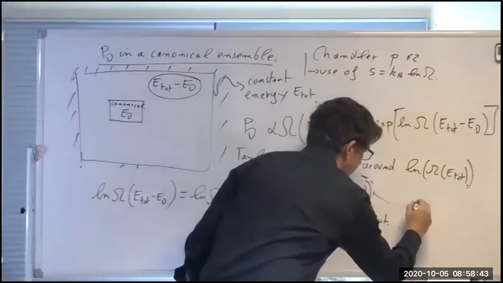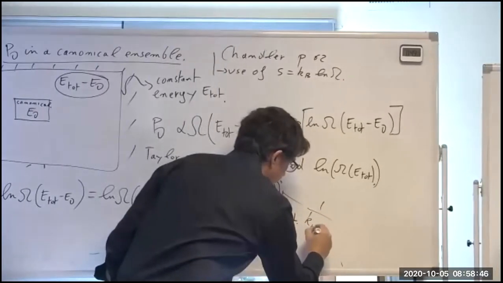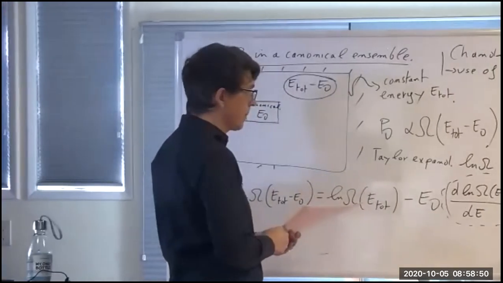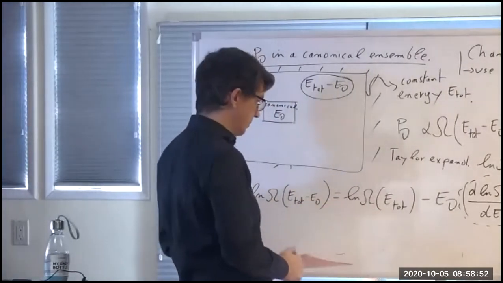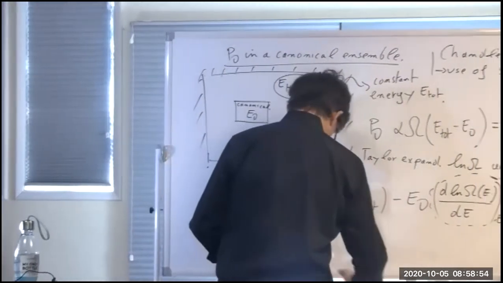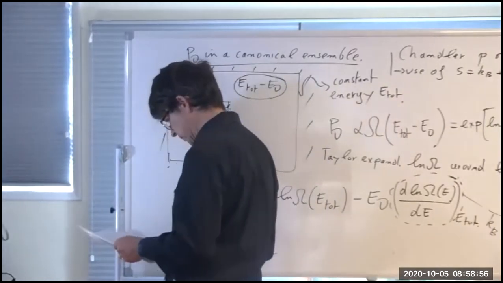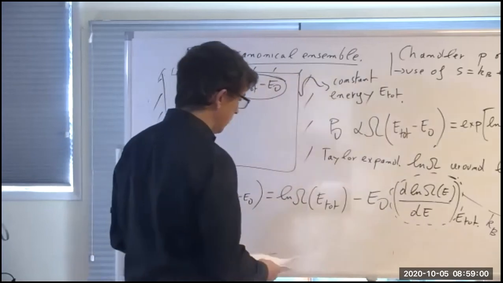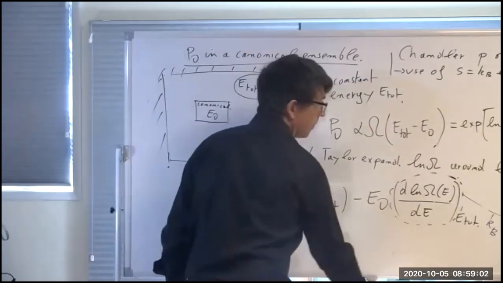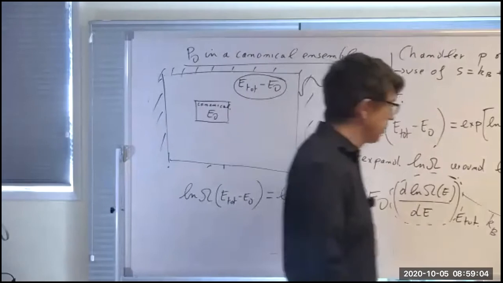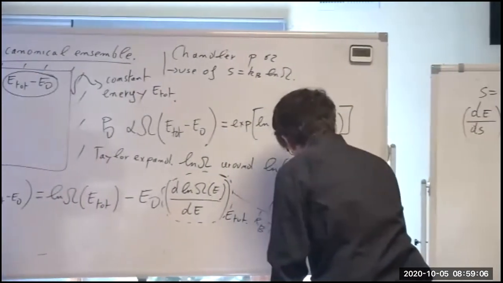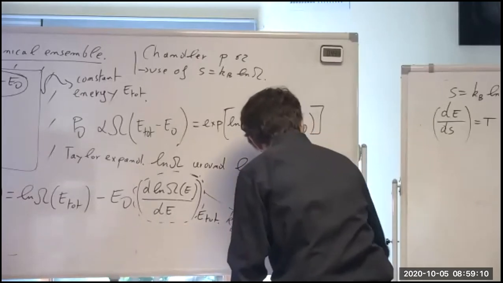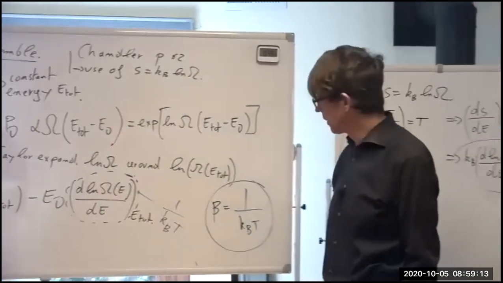This here is 1 divided by kBT. In statistical mechanics, we will often use the notation beta is 1 over kBT, just so we don't have to write kBT all the time.